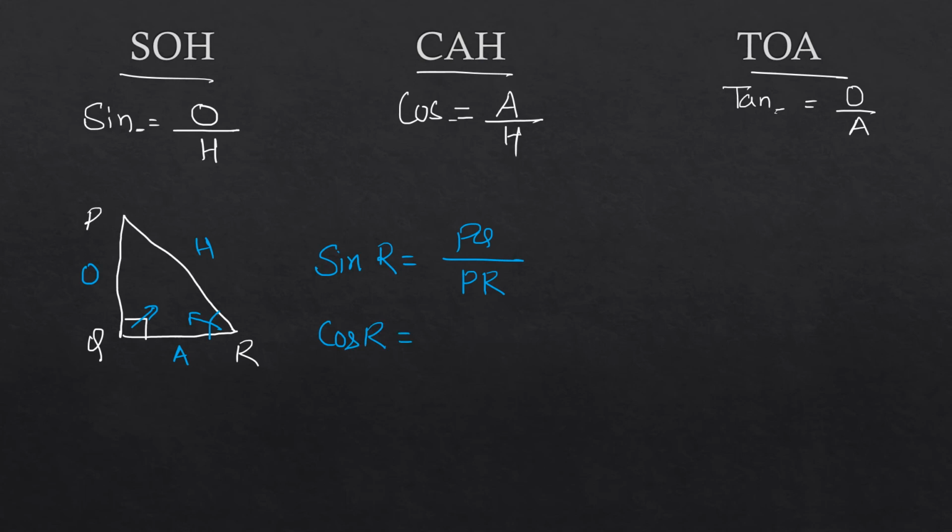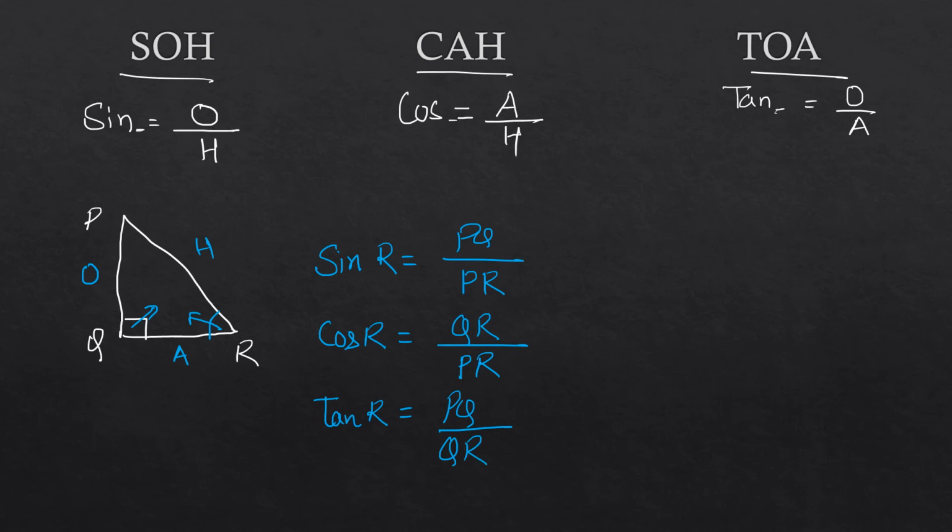Our adjacent side is QR over the hypotenuse, which is PR. Similarly, tan of angle R is going to be equal to opposite over adjacent. So the opposite side is PQ over the adjacent side, which is QR.